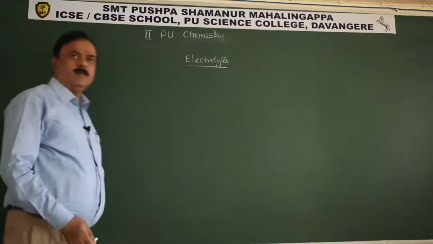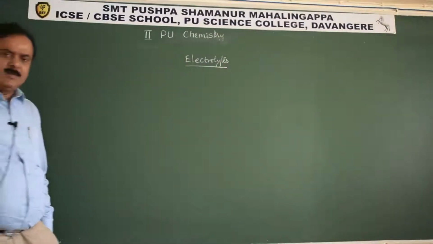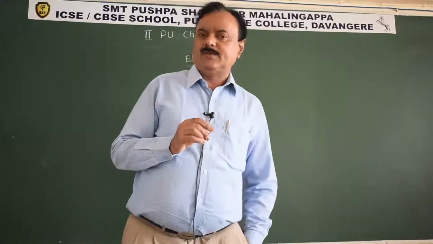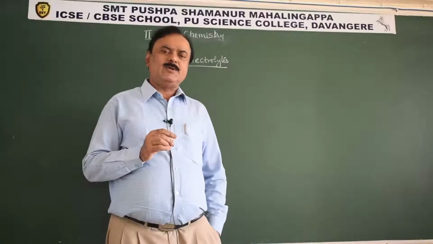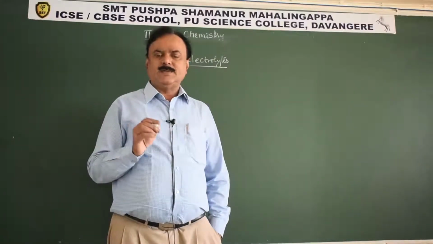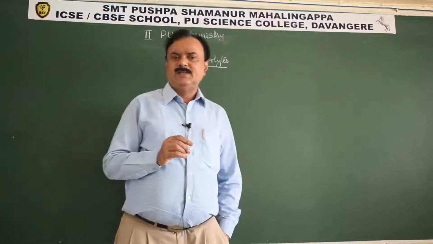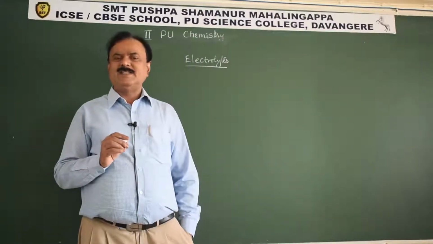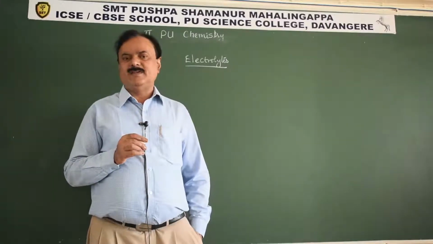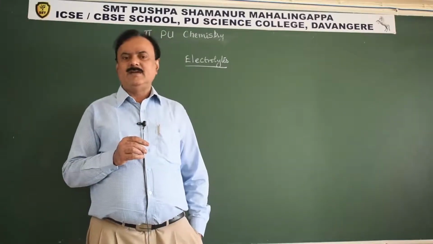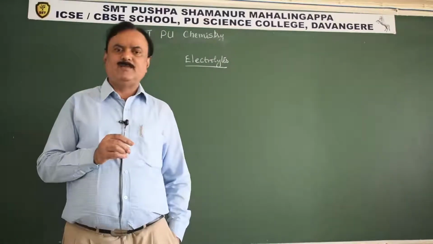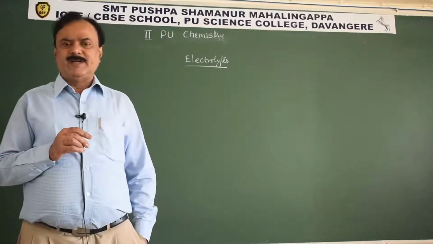Now, what are electrolytes? In the last class we discussed electrolytic solutions. Electrolytes are chemical substances like sodium chloride, potassium chloride, copper sulfate, zinc sulfate, organic compounds like formic acid, acetic acid and amines, and even bases like sodium hydroxide, potassium hydroxide, ammonium hydroxide.